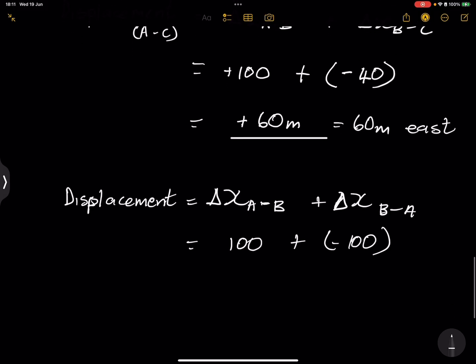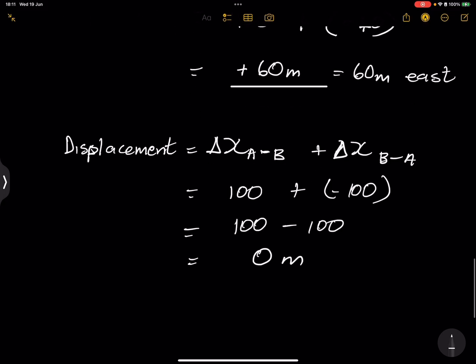And what do you note there? That gives us 100 minus 100, and that will give us a total displacement of 0.